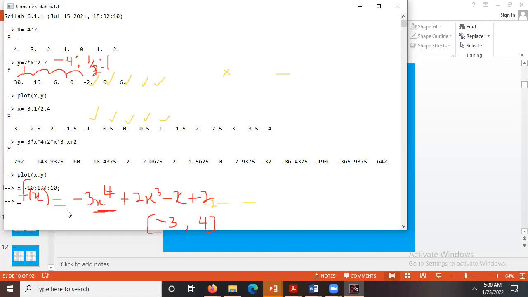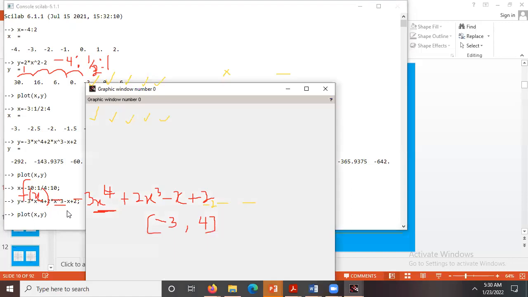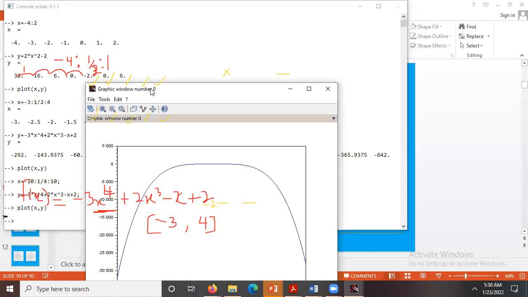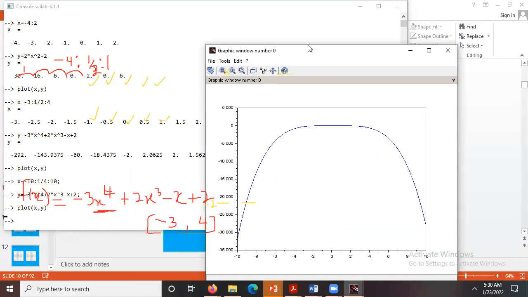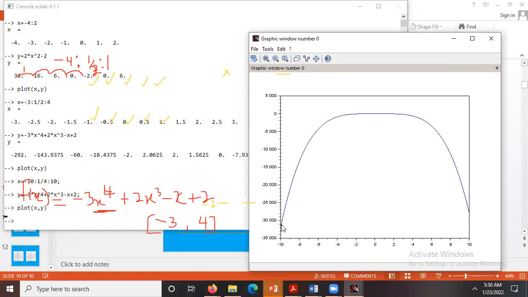Then I'm going to have the same function again. So y is this, and then I'm going to plot x and y. Let's see the display now. We have a smoother graph. It looks like a parabola, kind of getting constant along this line here.